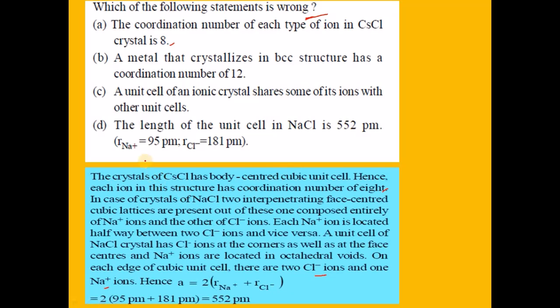Substituting the radii given in the problem, 95 picometers for Na+ and 181 picometers for Cl-, you get an edge length of 552 picometers. That is also correct. So the statement that a metal that crystallizes in BCC structure has coordination number 12 is the wrong statement.